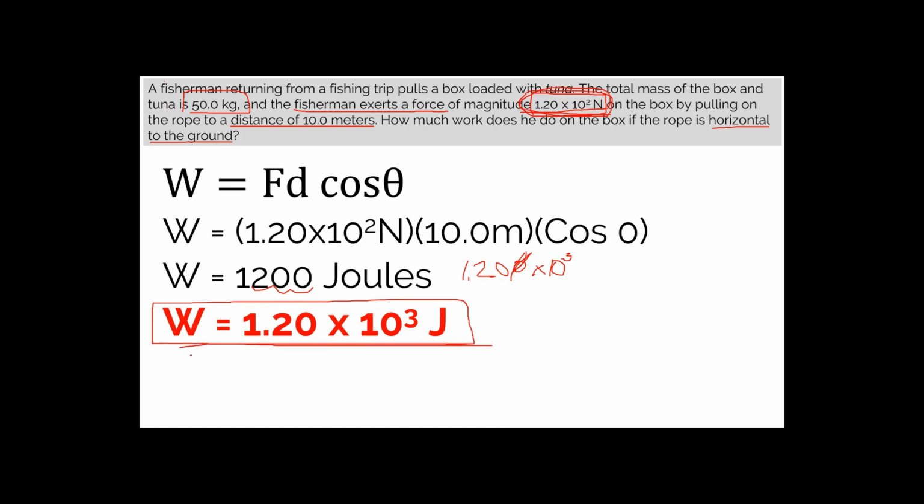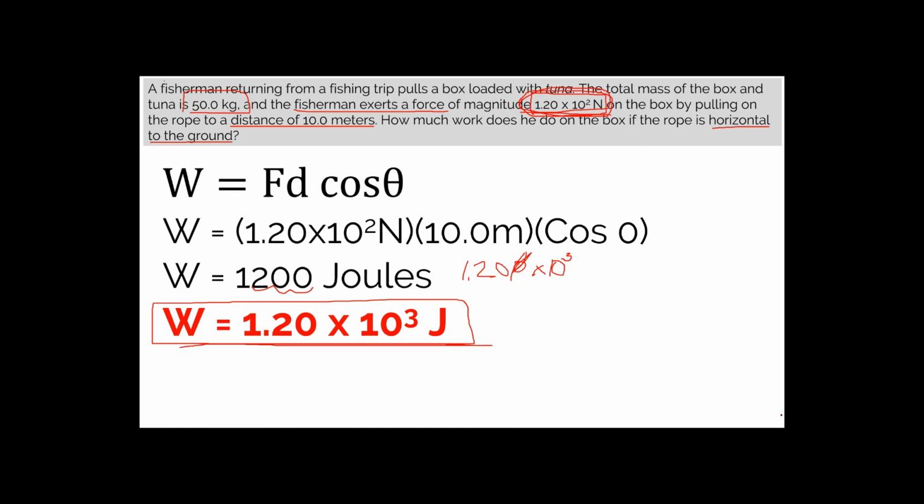Sir, why did it become like that? Okay, following the rules in significant figures, the least number is 3, so we need to answer it in 3 significant figures. Sir, when do we use scientific notation and when do we not?